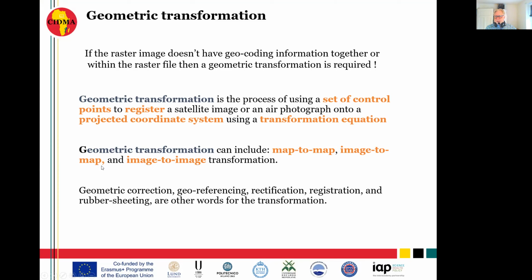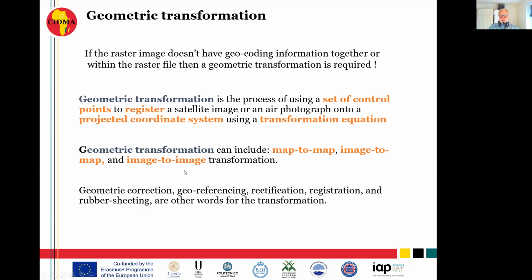So we have a satellite image. It has no geocoding, but we have a map. It can be a digital map with the coordinate system, and then we find common points in these, and then we perform a transformation to get the coordinate system into the satellite data.